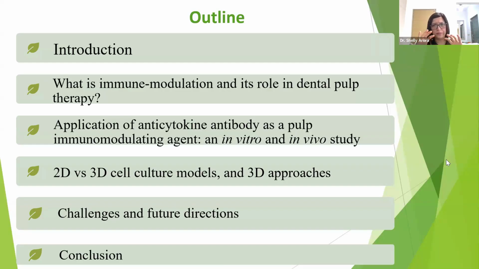Various biomolecules, microRNAs, and anti-cytokine antibodies all use immune modulation to regulate dental pulp inflammation. But we will specifically see how anti-cytokine inhibitors or antibodies are used. Then I'll show how to differentiate between two-dimensional and three-dimensional cell culture models, the challenges and future direction of this approach, and the take-home message.